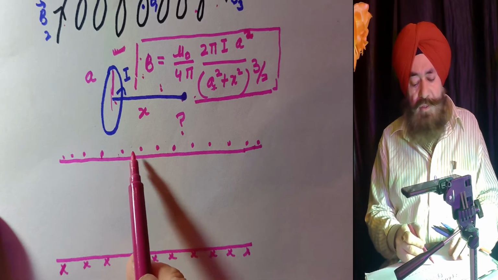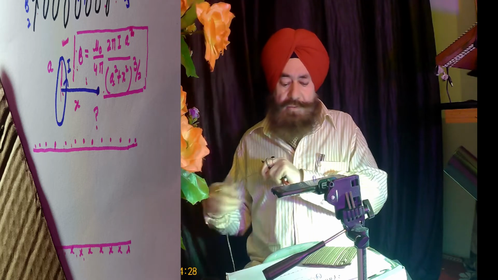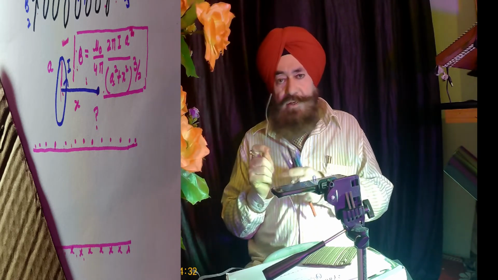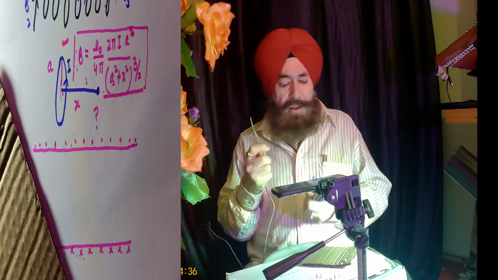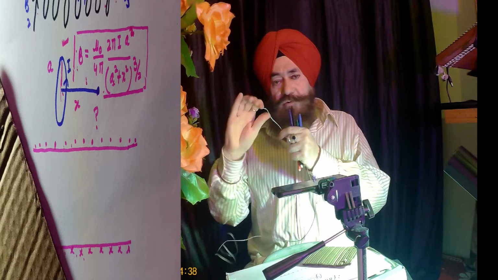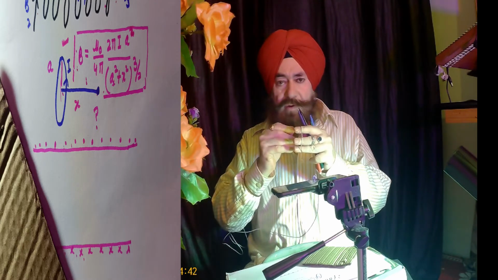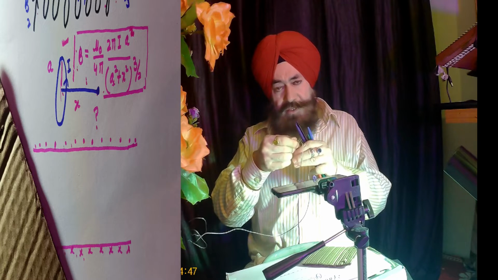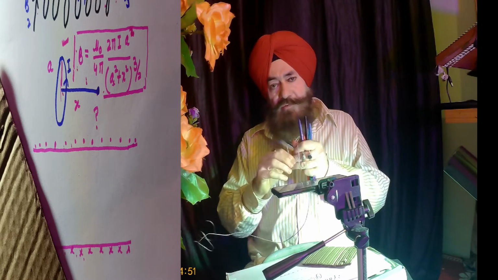This is an insulated wire. If you want to make a solenoid or a coil, then you give this type of rounds.